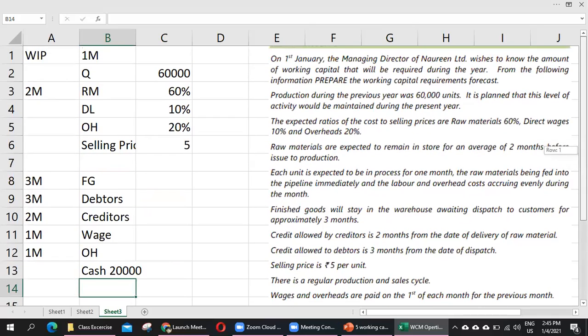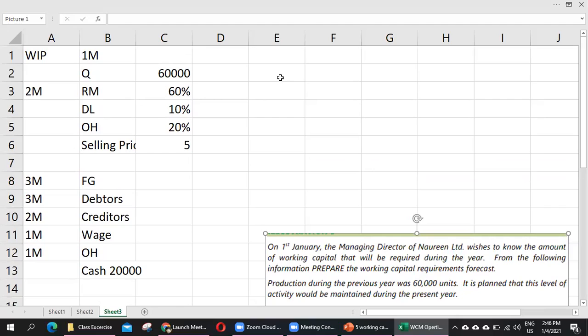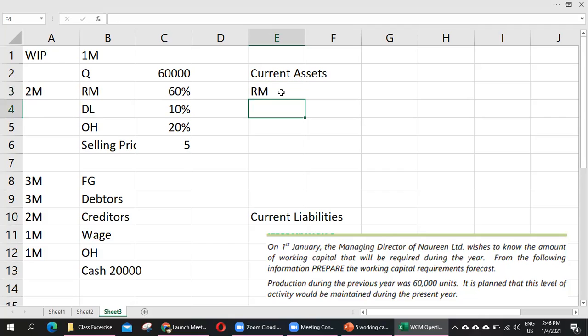Okay, we'll proceed. So this is the synopsis of the question, right? And we have to prepare a balance sheet. So we know the structure of the balance sheet: current assets. Under the current assets, we have raw material and work in progress.